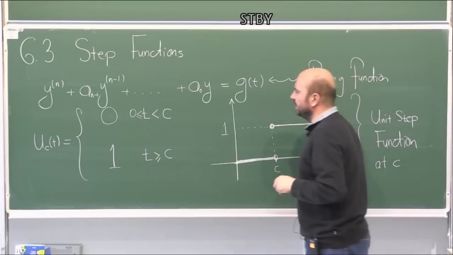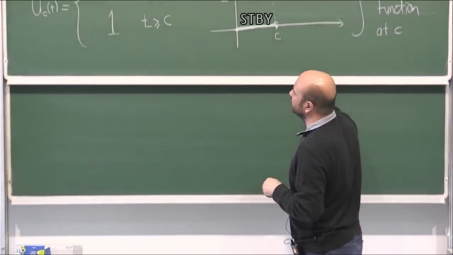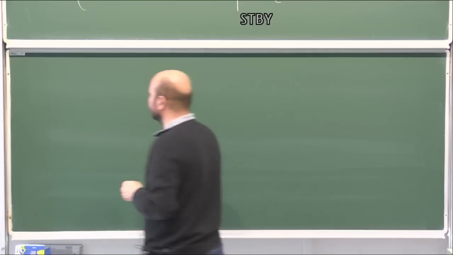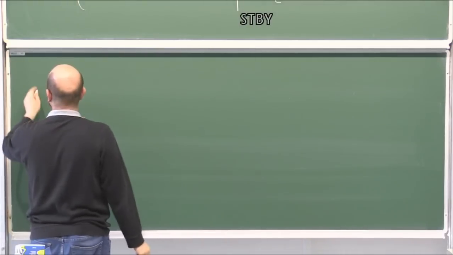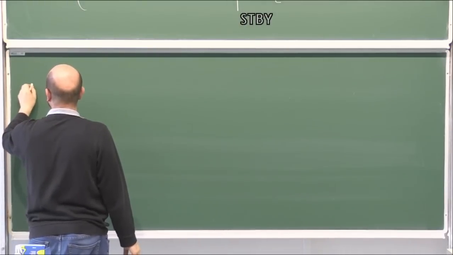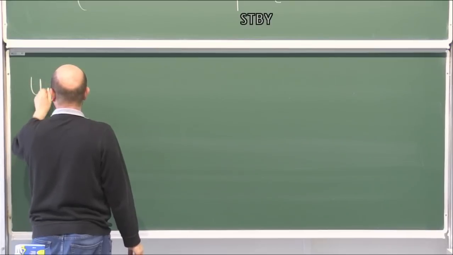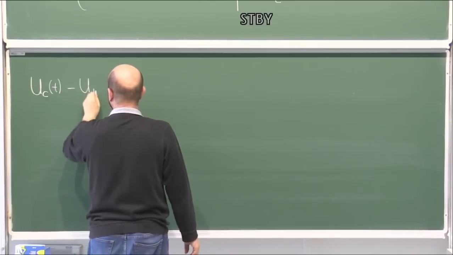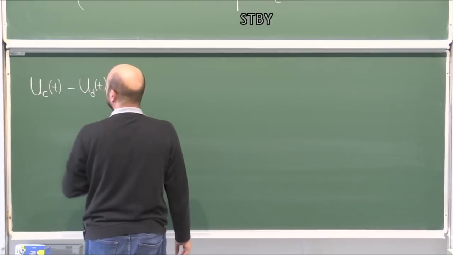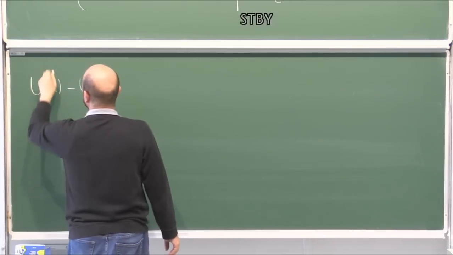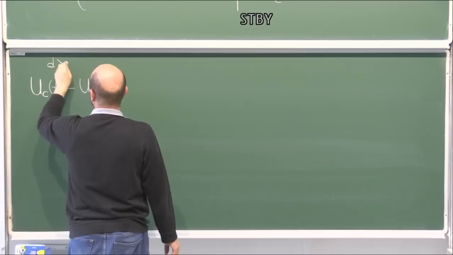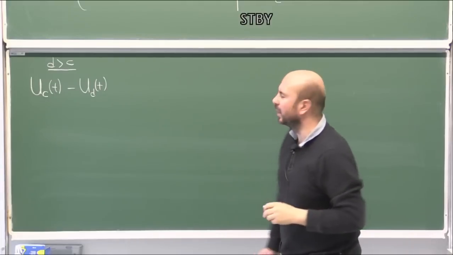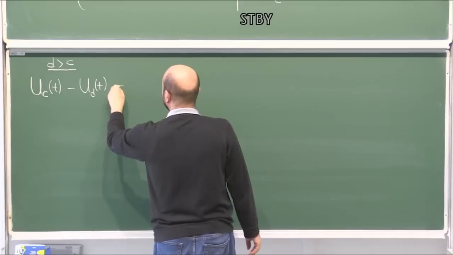Now we will play with this function. Let's try to understand the following function: u_c(t) minus u_d(t), where I'm assuming that d is bigger than c. What does it say?